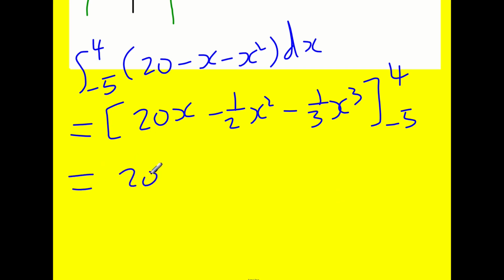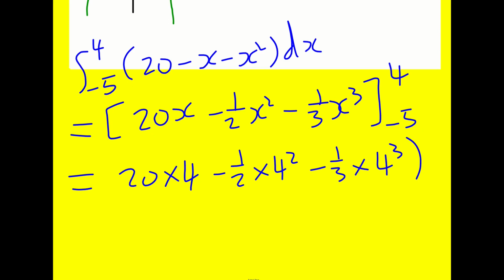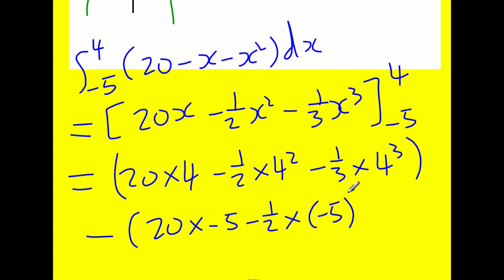Okay, substitute this in. So 20 times 4 minus a half times 4 squared minus a third times 4 cubed. And then minus, this is starting to get quite messy, 20 times minus 5 minus a half times minus 5 squared minus a third times minus 5 cubed, close brackets.